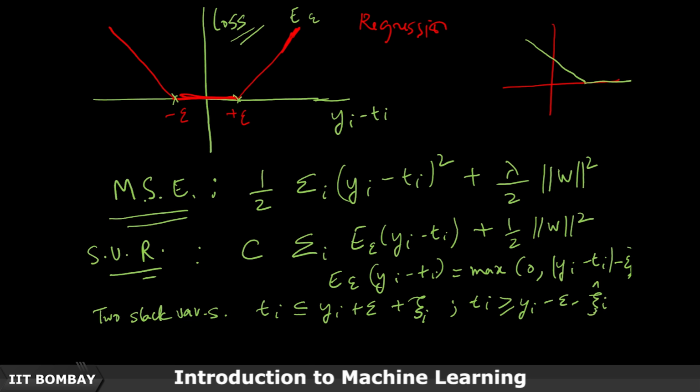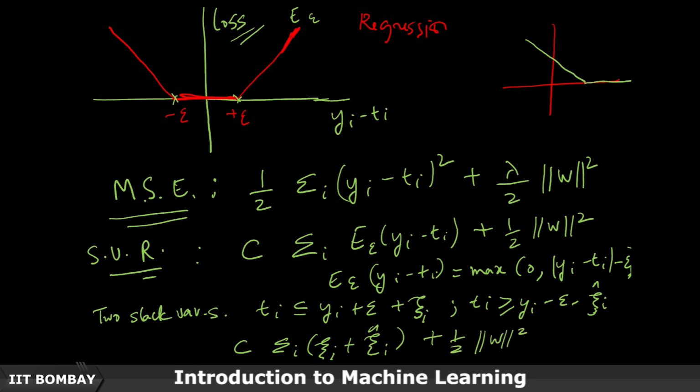This is the second slack variable. And basically your objective can change to C times the sum over i of xi i plus xi hat of i, plus half of mod w square.